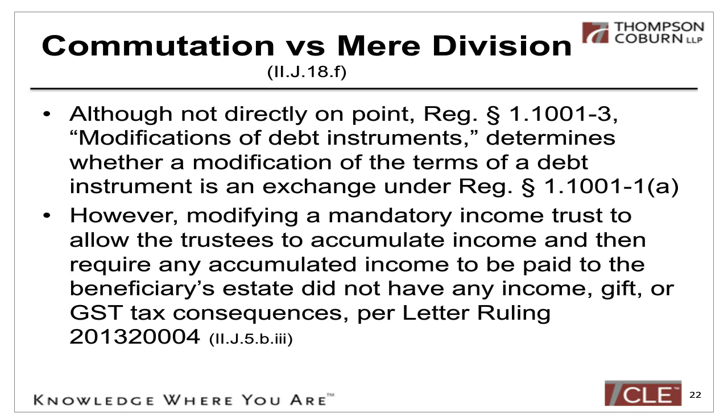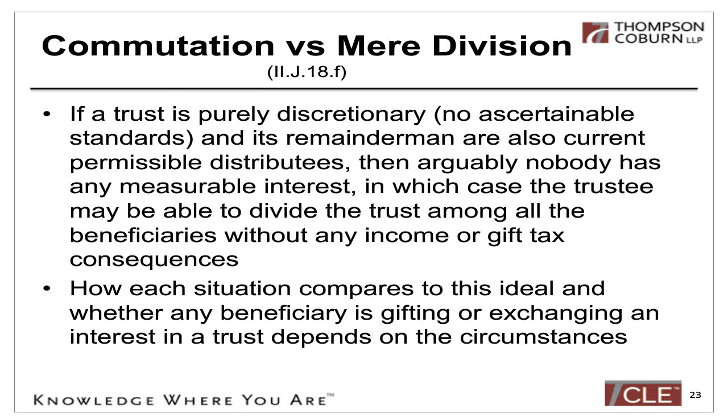All right, next slide. If the trust is purely discretionary and the remaindermen are also current beneficiaries, then arguably nobody has any measurable interest, and so you may very well be able to cash people out and divide it up without any income tax or gift tax consequences. Then you just need to look to see, where is it?